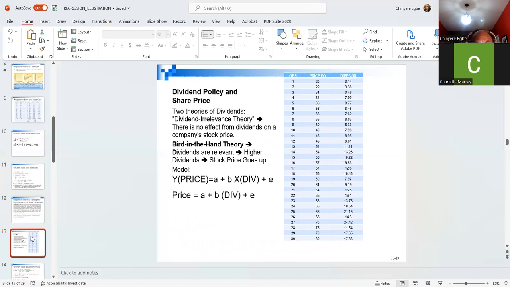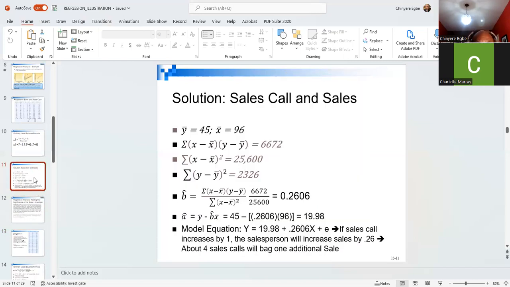Let us see. I'm going to illustrate one of them for you just so that you can see what we're talking about.